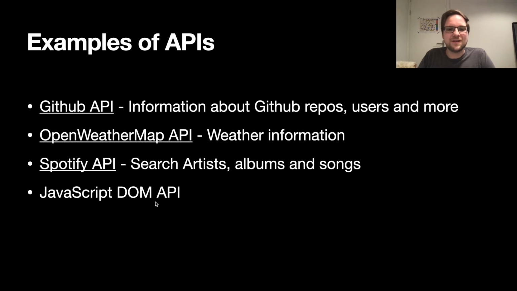And we'll also check this out. So APIs don't have to be online. You don't have to go query something. It can also be some services that are available for you. For example, the JavaScript DOM API is a set of functions that you can use to get information about the current HTML page and modify it, which is super cool.